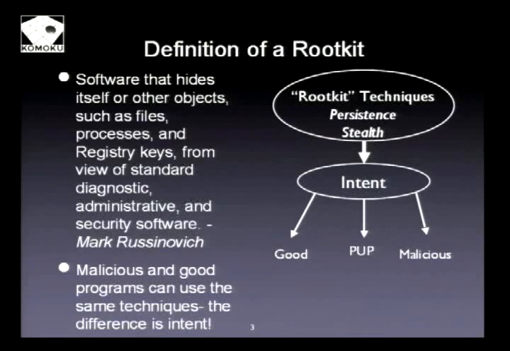You can potentially have good software, where the intentions of the author were good, but it's doing some things that are not in concert with the way the user wants to use that system. So you break it down: you have good programs that are using some of these techniques, you have some potentially unwanted programs that are using these techniques, and then, of course, you have the flat-out malicious programs that want to do great damage and harm to you.